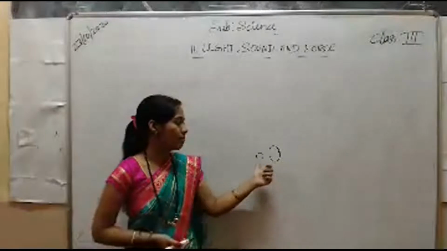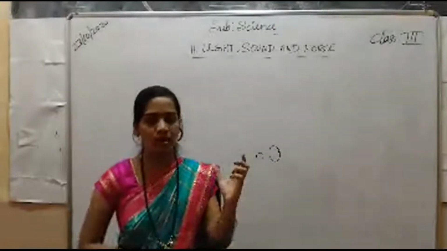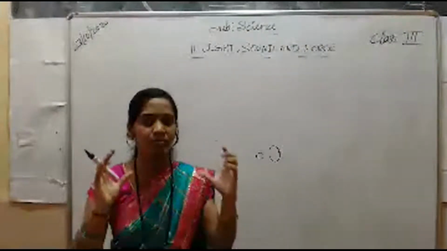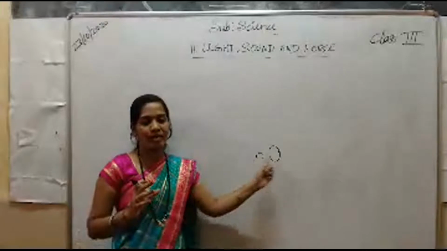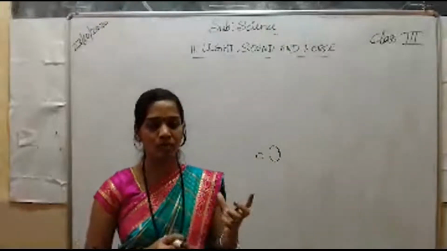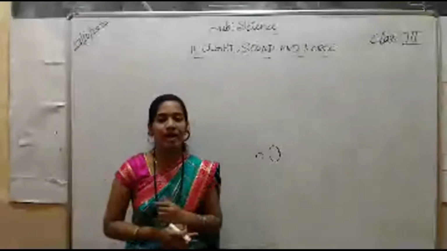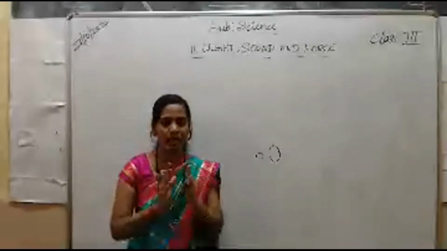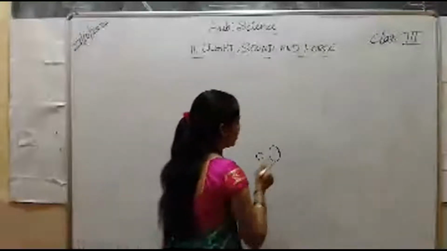Why does this happen? Because it depends on the source and the object, and the distance between the source and the object. Source means from where the light is coming. The distance between them depends on whether the shadow will be big or small.